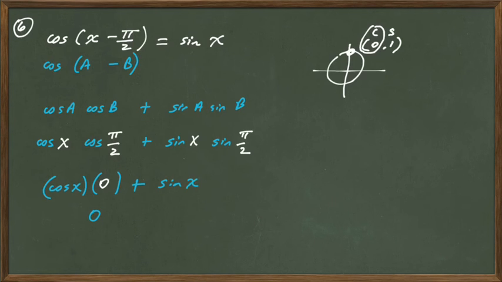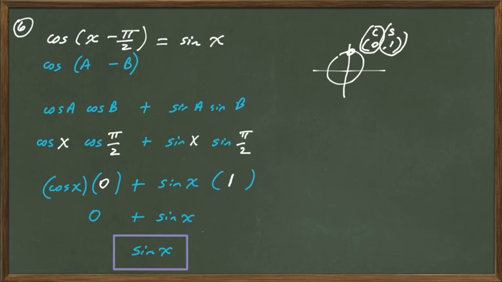Where we have the sine of x times, what is the sine of pi over 2? 1. And 1 times sine is sine. So that's more what I was looking for, more than the cofunction identity. I really wanted you to verify the cofunction identity.